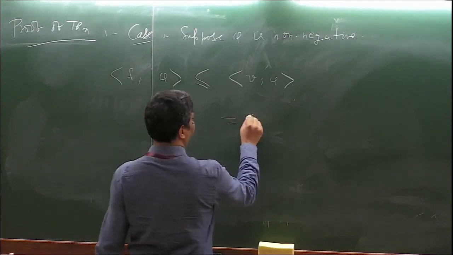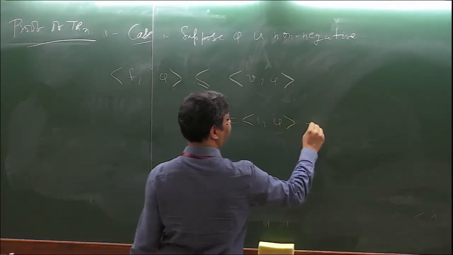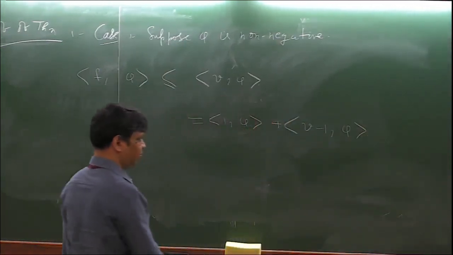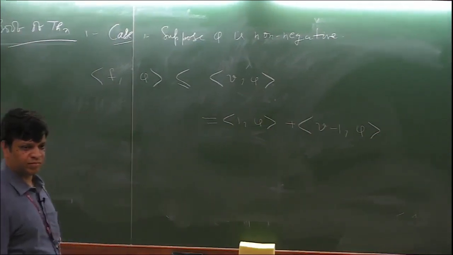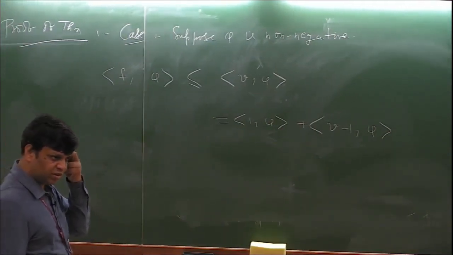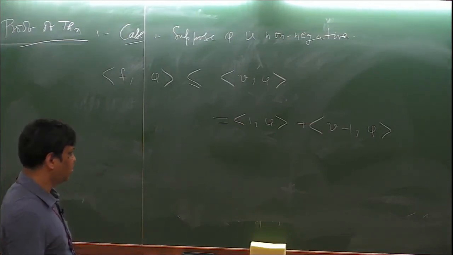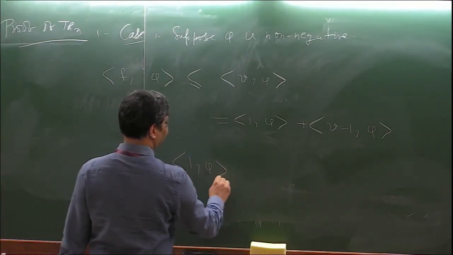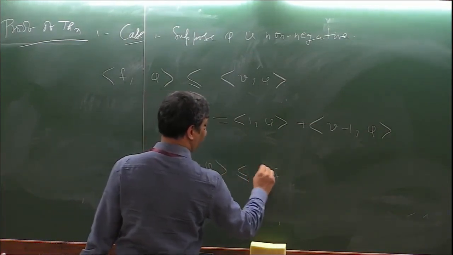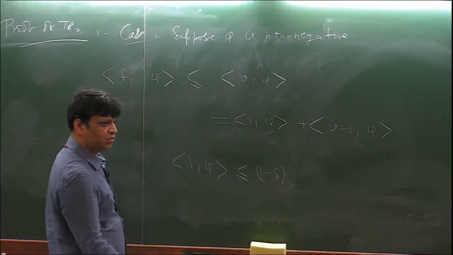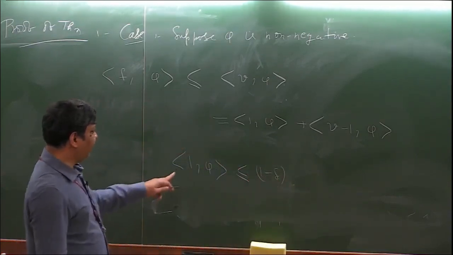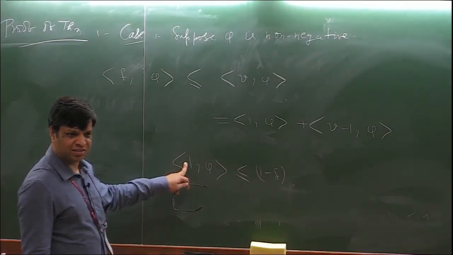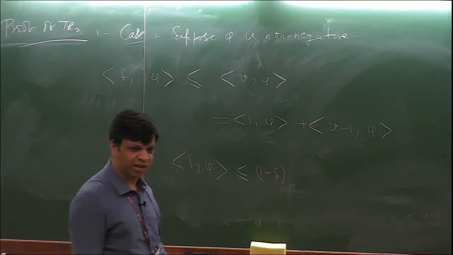But this is equal to 1 phi plus (nu minus 1) phi. Now, 1 phi is less than or equal to 1 minus delta. Why?